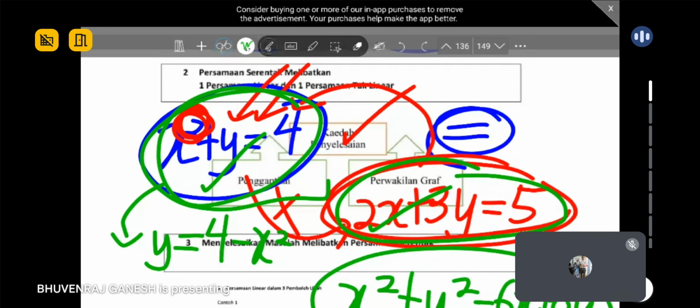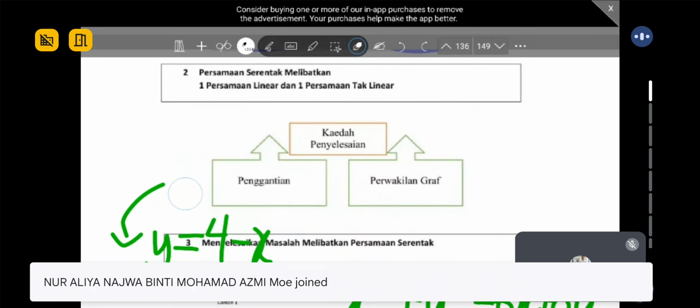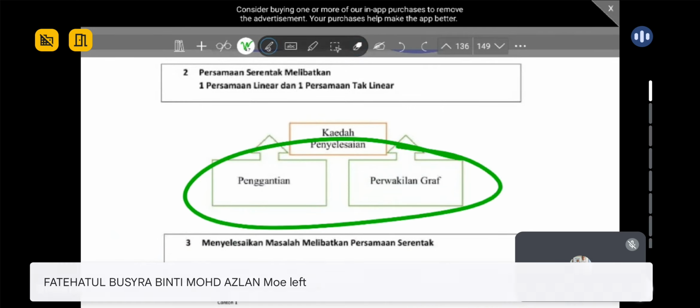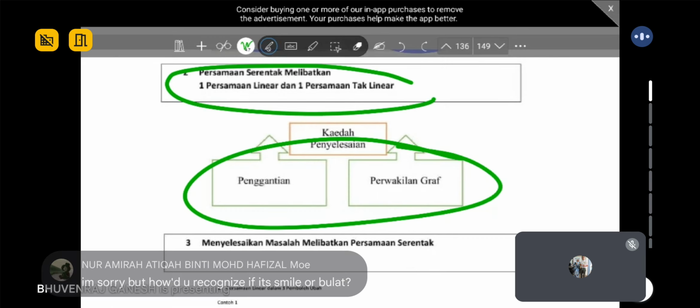Okay guys, now I ask you a question. Why cannot we use elimination method over here? Kenapa dia tak tulis kaedah penghapusan guys kat sini? Got only two methods here. Why elimination cannot? Kenapa penghapusan tak boleh? Untuk satu linear, satu bukan linear. Can anyone tell me? So why do you think?